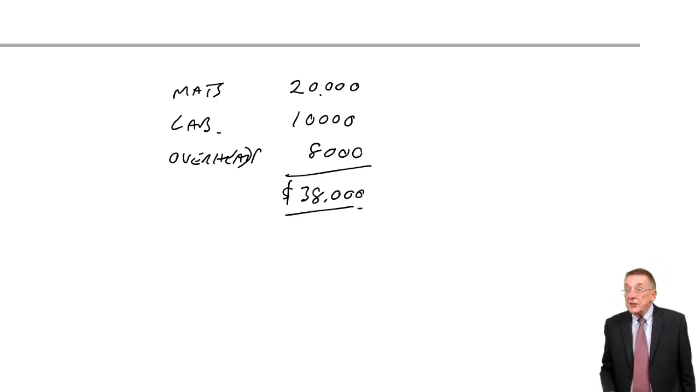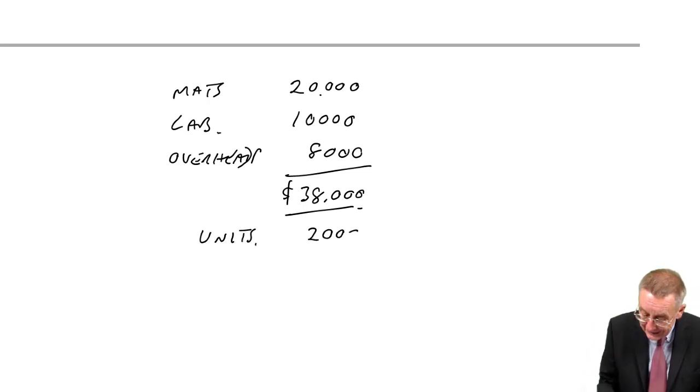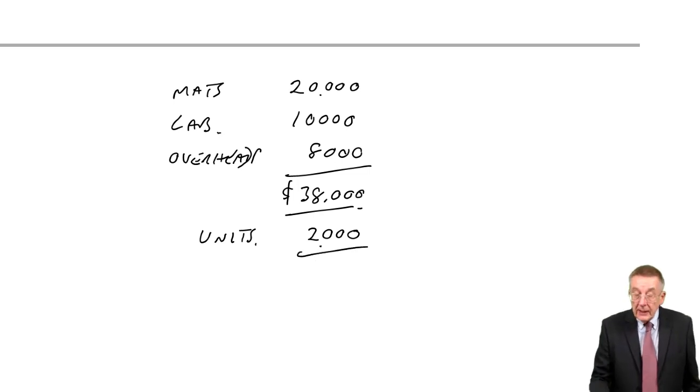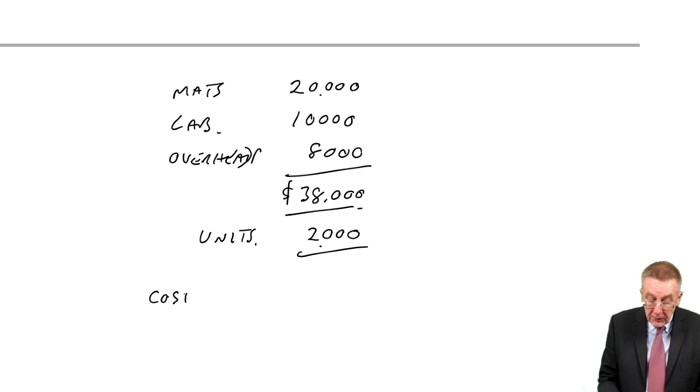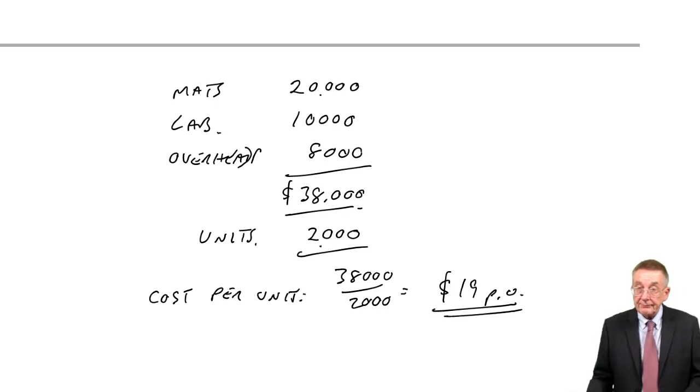We say, how many units did we produce this month? 2,000. And so easy. We say, right, the cost per unit, if it's 38,000 for 2,000 units, it's $19 per unit. Couldn't be much easier.